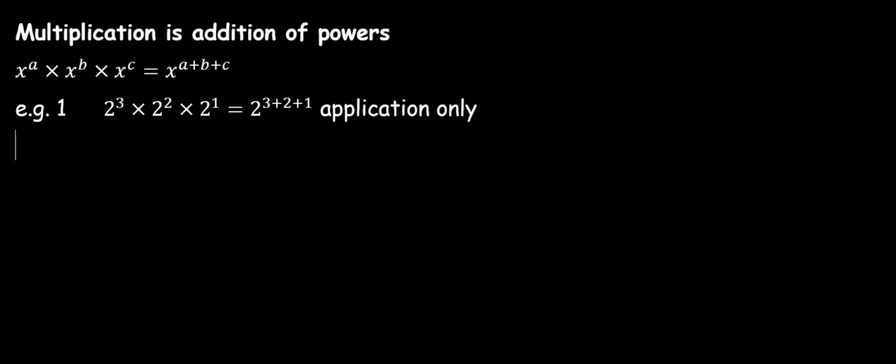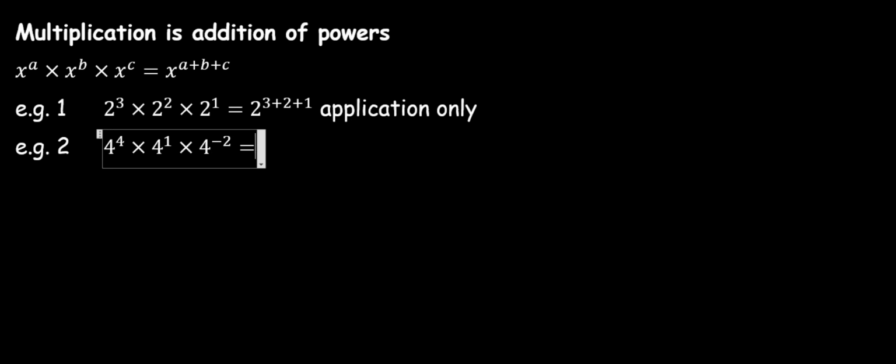Application only. Example number 2. 4 raised to power 4 times 4 raised to power 1 times 4 raised to power minus 2 is equal to 4 raised to power 4 plus 1 plus, then you open your bracket and put minus 2.